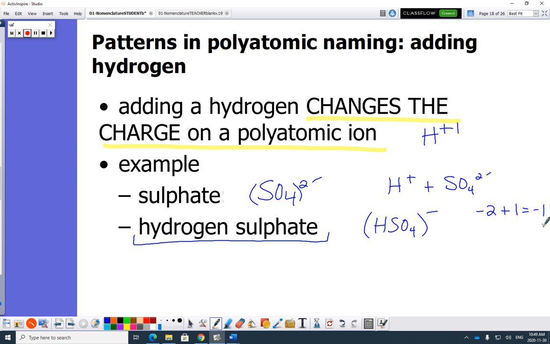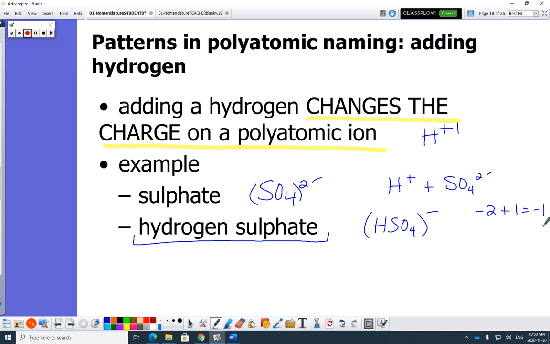The good news is, take a look at the back of your periodic table for a second. If you look, there is carbonate, yes? And then, if you look at the -1 charge box, there is one, not the first one, that's acetate. The second one says HCO3, -1. That's hydrogen carbonate.